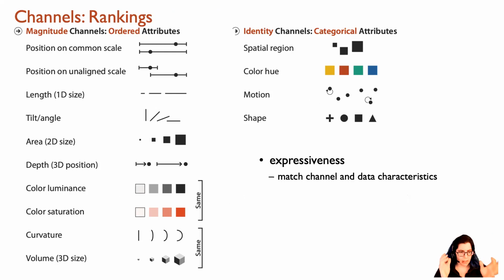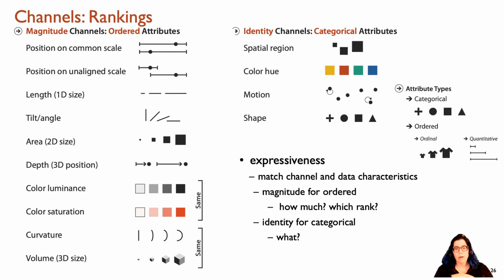Everything on the left are what we're going to call magnitude channels. And these are a good match with ordered attributes. They actually convey to your perceptual system information about magnitude, right? So questions like how much, which rank. So remember that for attributes, we had ordered attributes.